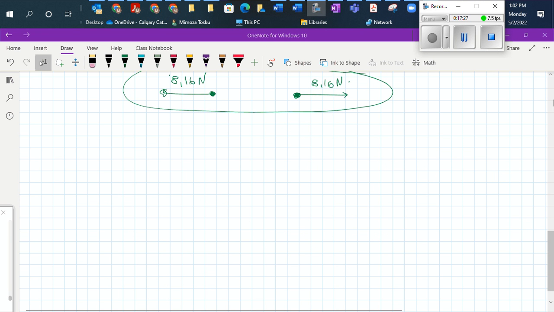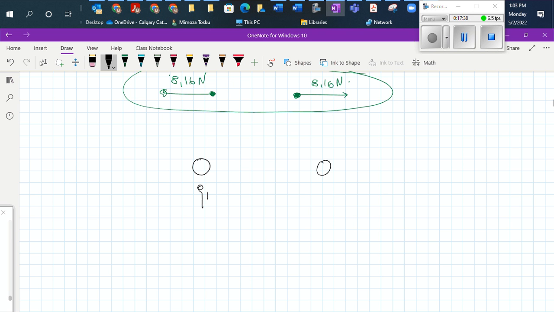Let's suppose that we have another example in which we have two charges that are identical. So Q1 and Q2 are identical, with Q1 equal to Q2 equal to Q. And the magnitude of each of them is, let's suppose, 2.85 times 10 to the power of negative 6 coulombs.